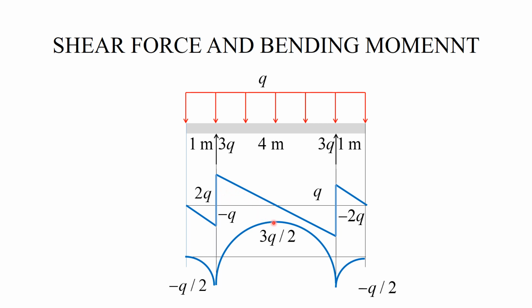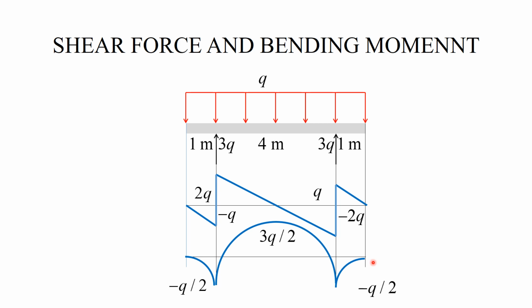Then the drop from 3Q over 2 to minus Q over 2 is equal to the area of this triangle. And finally, the gain from minus Q over 2 to 0 is equal to the area of this triangle. Again, I like this 0 because there is no couple applied on the right end of the beam.